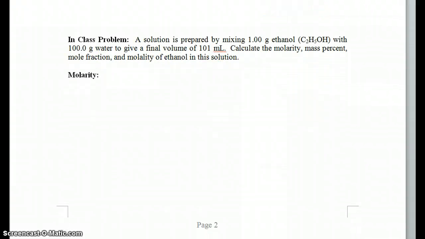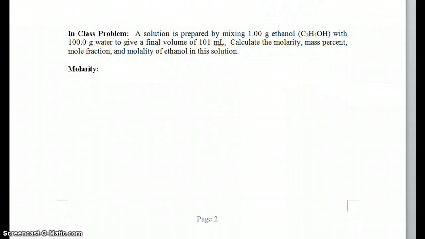Okay, so this next problem, we're actually calculating molarity, mass percent, mole fraction, and molality all with the same information. So go ahead and take a moment to do those calculations.